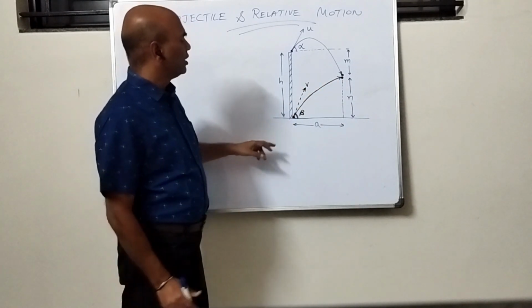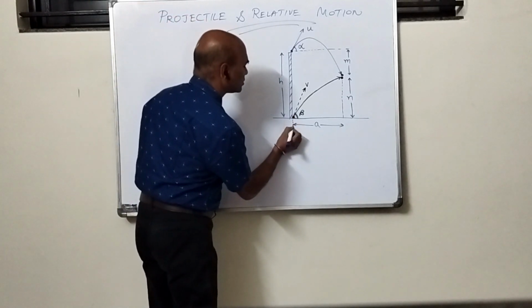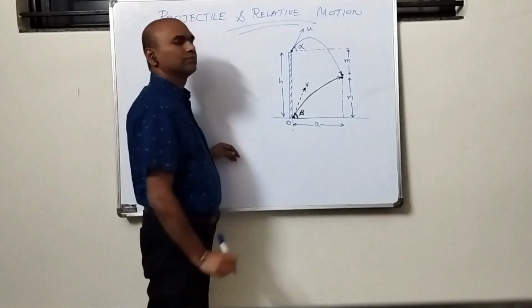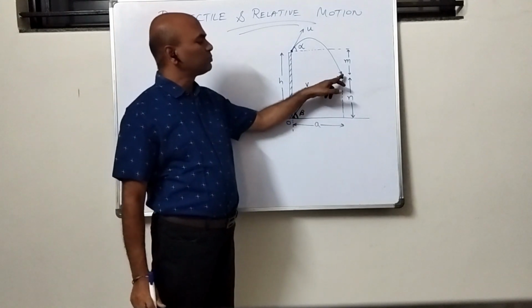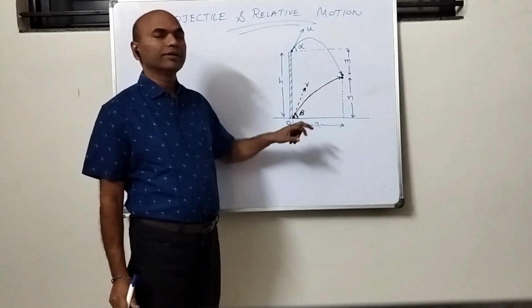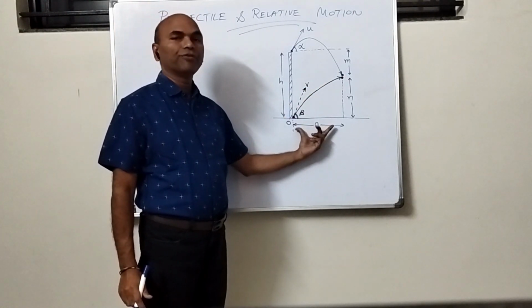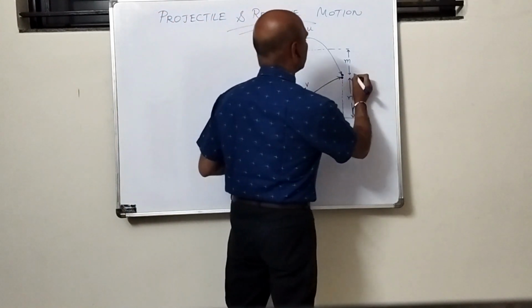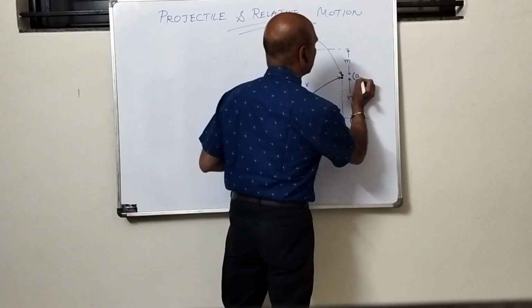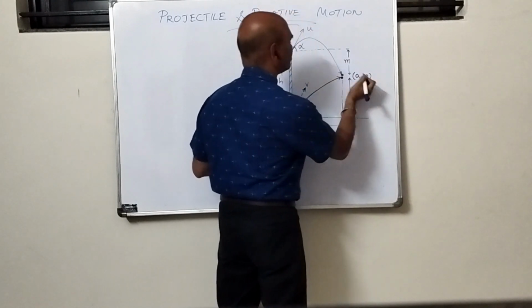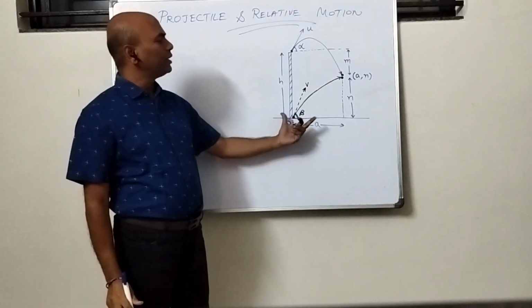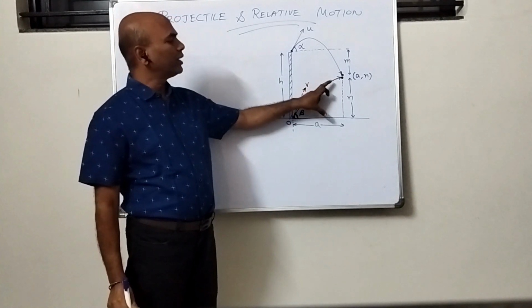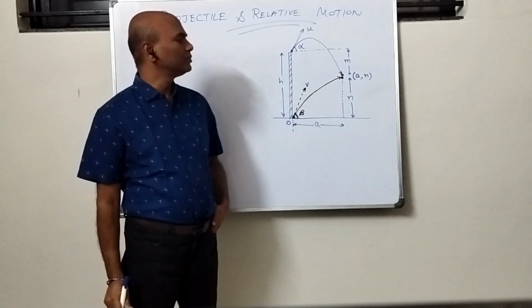Now if this is considered as origin, the coordinates of this point of hitting would be x coordinate of a and y coordinate of n. So I would rather say that this is a comma n. The x coordinate is a and y coordinate is n, right?